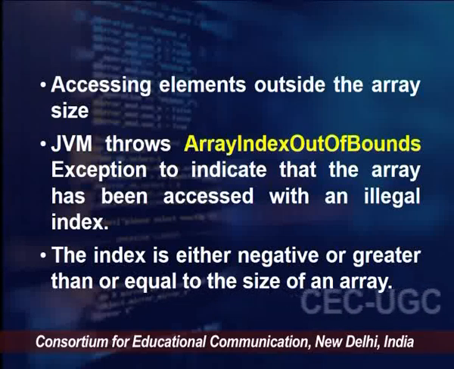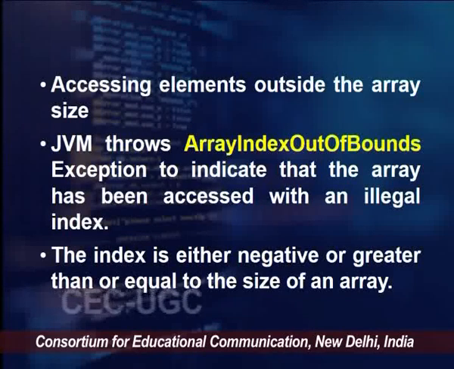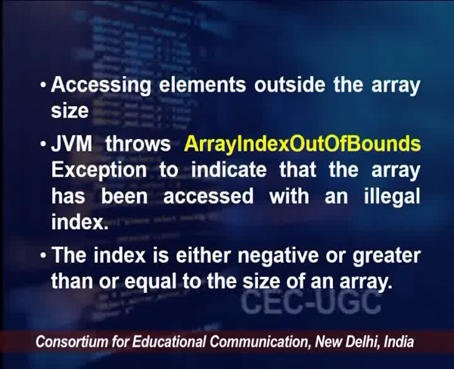An illegal index could be a negative index, or it could be greater than the size, for example, for an array of size 5, anything greater than 5, or even the number 5 itself. If I access the element at index 5, that is not possible, because array indexing in Java always starts from 0. So it goes from 0 to size minus 1. In case of 5, it will go from 0 to 4. But if you want to access array 5, that is certainly not possible here.